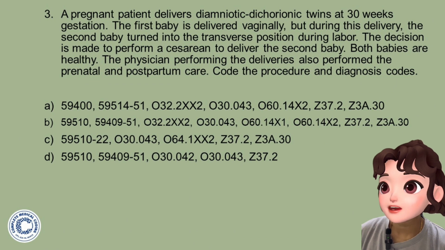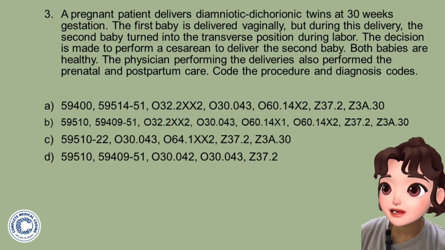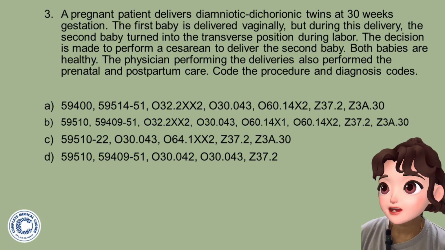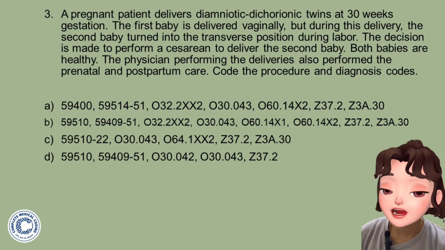Now we have to code for the procedure. First is vaginal delivery and second is cesarean delivery. So go to the CPT codes in option B. Anyway, option A is not correct. In option B, 59510 is cesarean delivery, and 59409 is vaginal delivery.